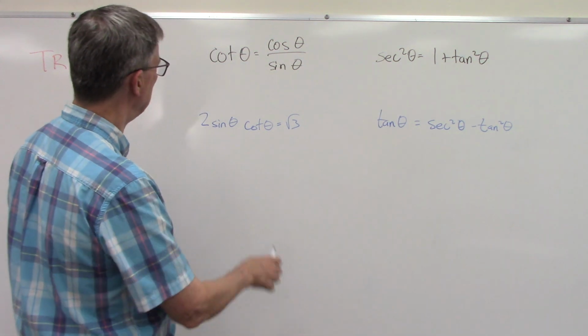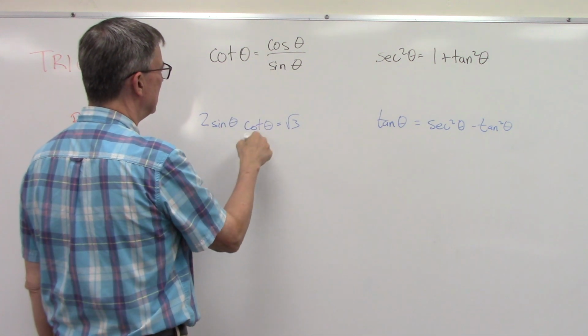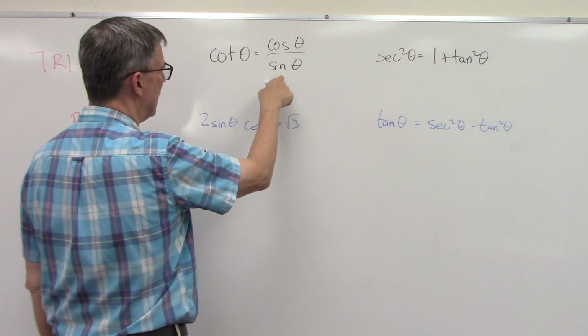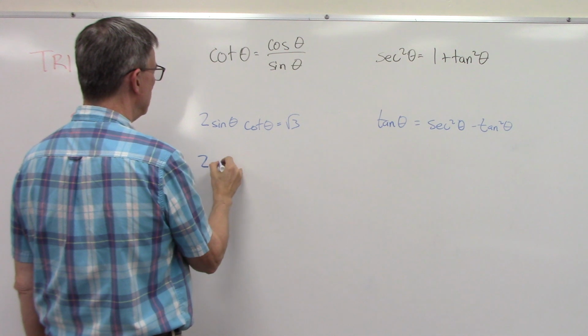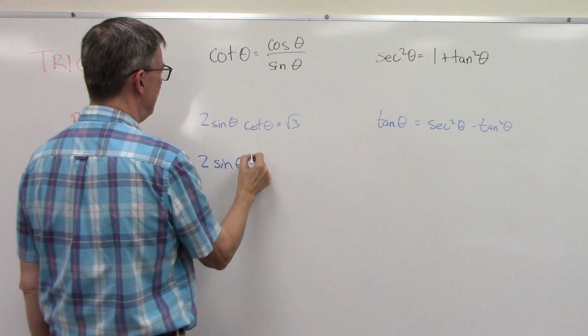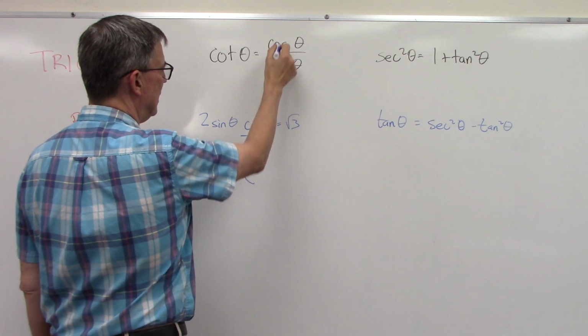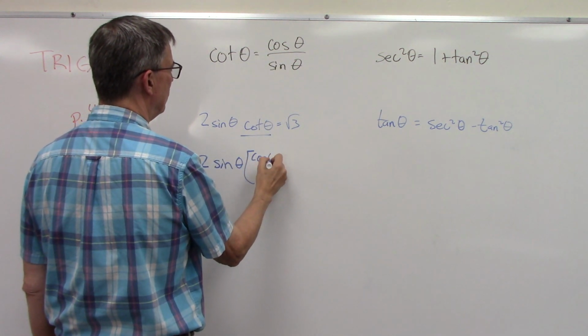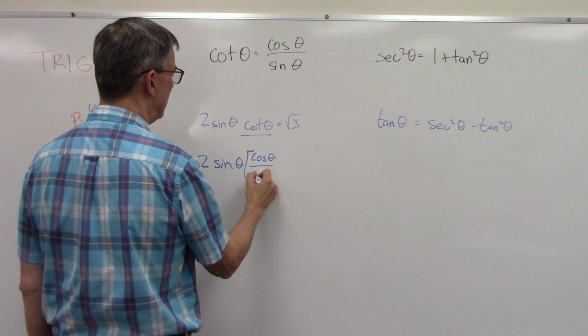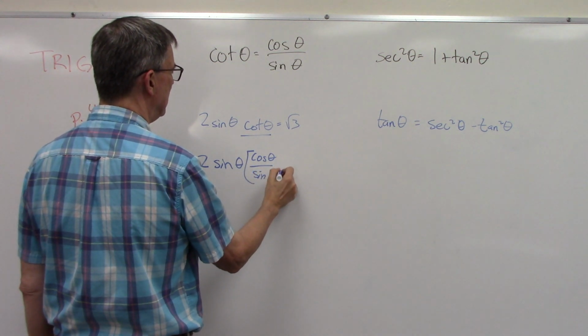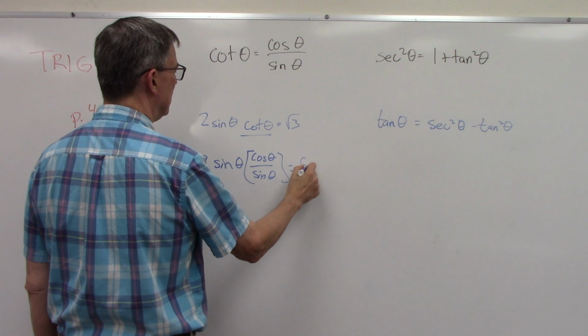So let's see here. Cotangent is the same as cosine over sine. So if I have 2 sine theta, and then I'm going to take this out and substitute that, which is cosine theta over sine theta equals square root of 3.